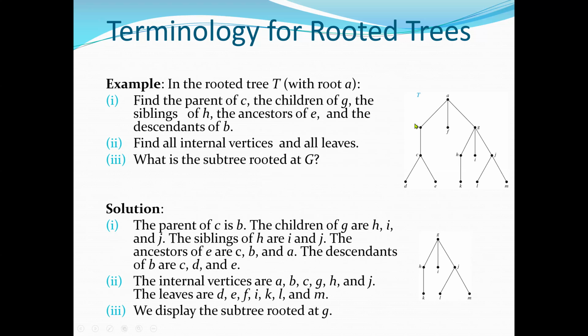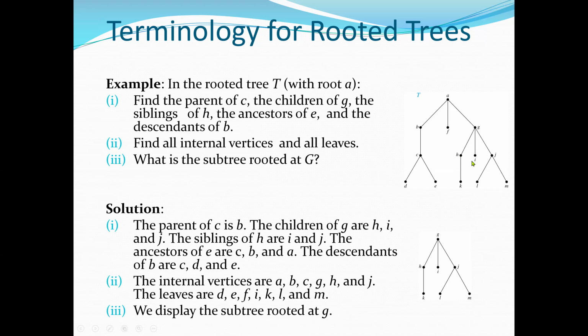Then they say we should also find the children of G. So what is G? Okay, G is here. So G has 3 children: H, I, and J. And then the siblings of H. So we look at H, the siblings of H will be the same level of the vertices.